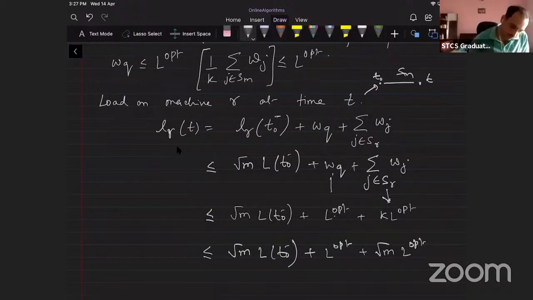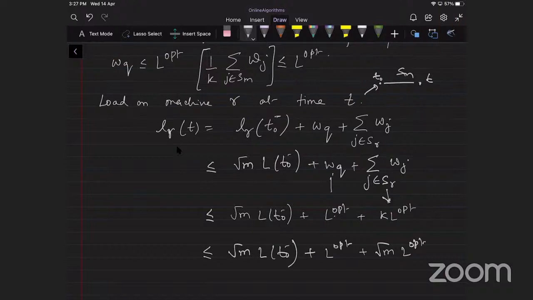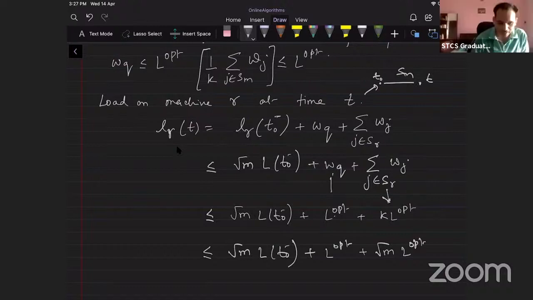All right, so now am I done or do I need to do something else? You need to show LT0 minus is less than LOPT. No, I just need to show that this is L of t, not LT0.